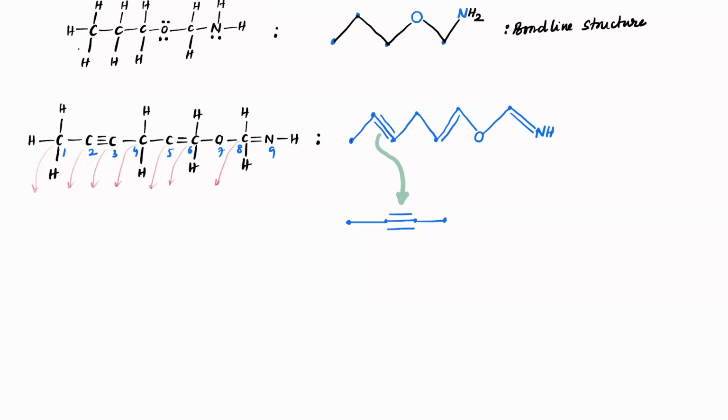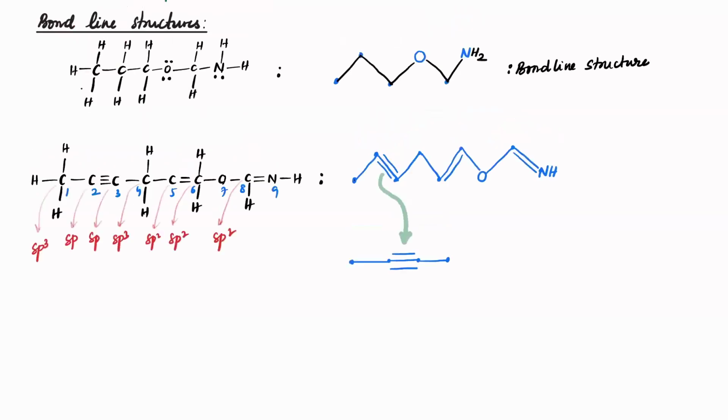Starting with this, four single connections, sp3. Then sp2, only two sigma bonds, sp, sp, sp3, sp2, sp, sp2, and sp2 again. Okay, sorry, here I put one extra hydrogen. There is no extra hydrogen here, because carbon can have a maximum of only four bonds. So these are the number of bonds we have.